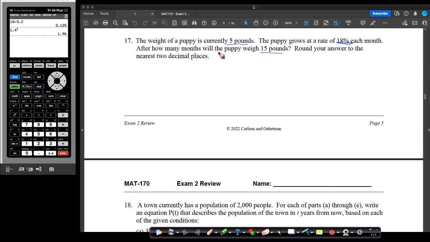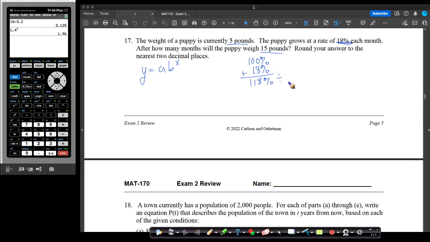So what we do know is a starting value. We're going to have exponential y equals a b to the t or to the x. We can use whatever variables we want. It's growing at 18%, so that means whatever it starts with is 100%, and then each month the puppy's going to be 18% heavier, so that's 118%.